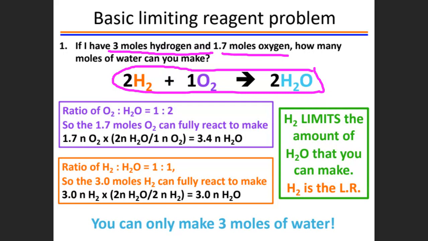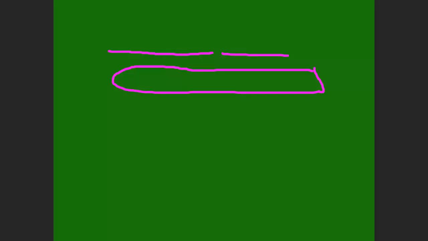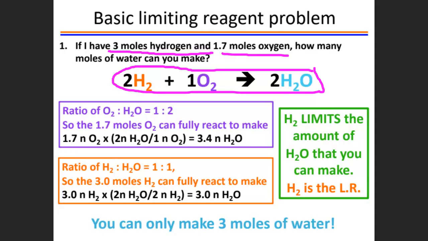So that means 2 mole of hydrogen needs to react with 1 mole of oxygen to prepare 2 mole of water. So the ratio between water and hydrogen is 2:2, that means 1:1. But the ratio between water and oxygen is 2:1. Keep that in mind.